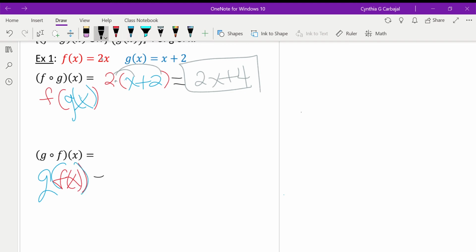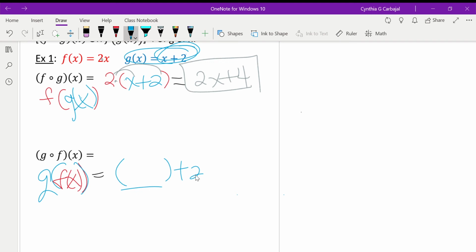So I'm going to look at the g function now, and wherever x is, I'm going to put parentheses. Then I'm going to put plus 2, right? Because our function over here, the g function, we only look at the right side, and it has x plus 2, so parentheses plus 2.